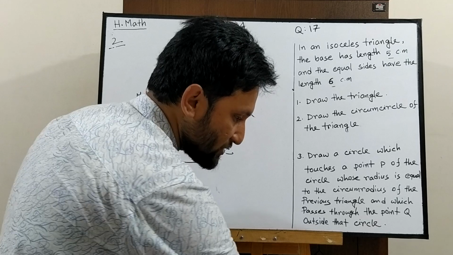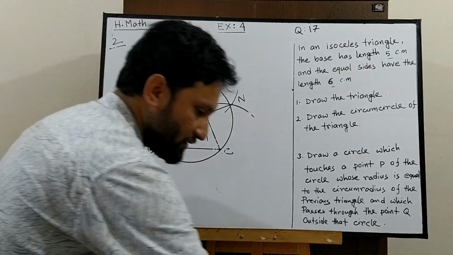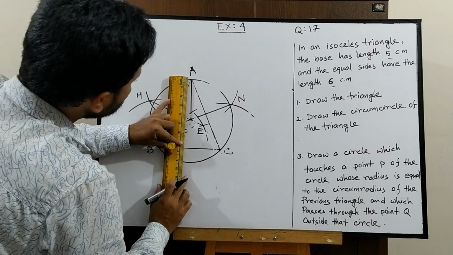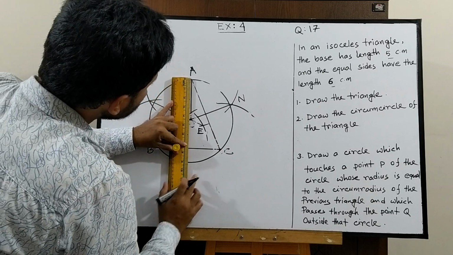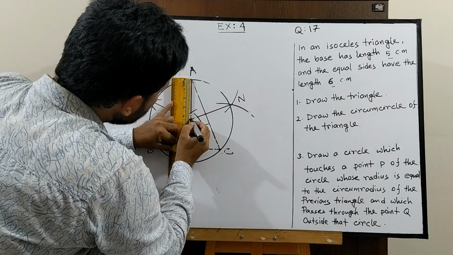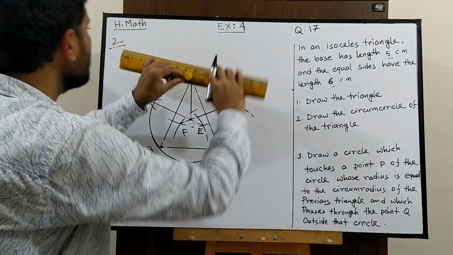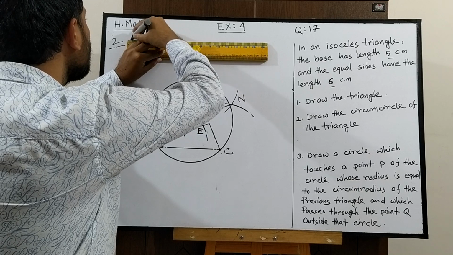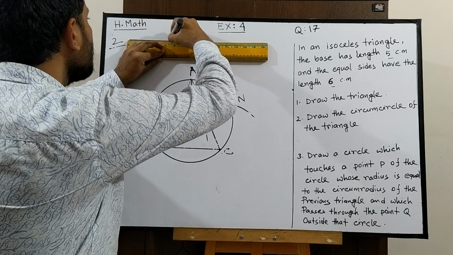So at first, by scale, measure the radius like this. This is the radius measurement. So the radius of the circumcircle is this.